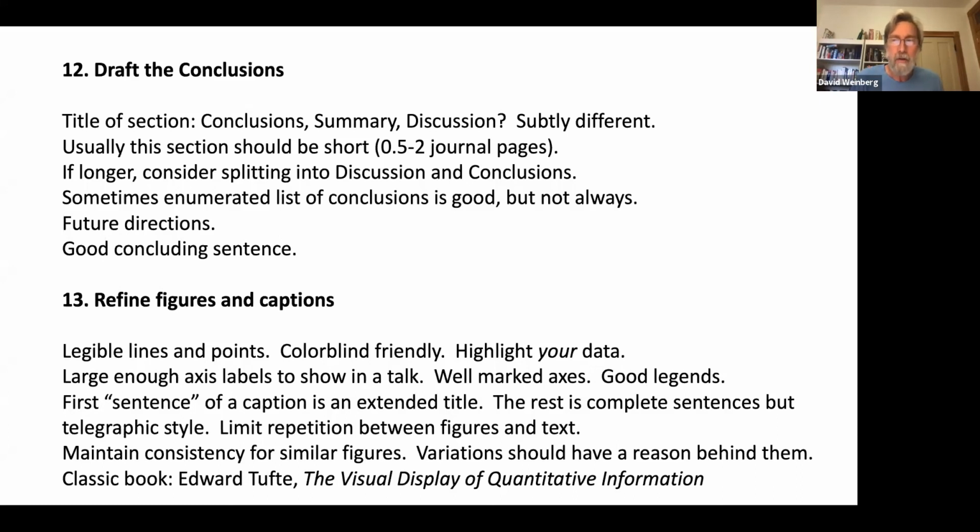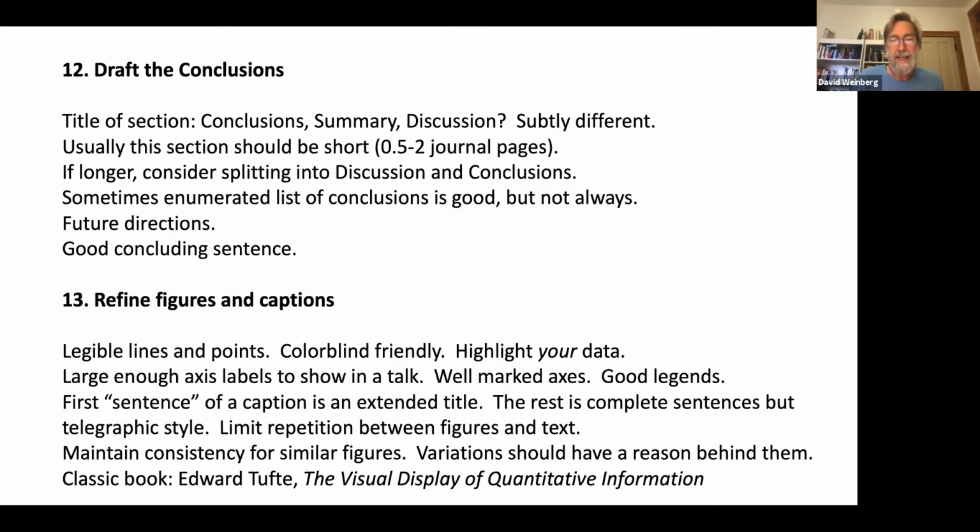When you give talks, you will frequently go to your paper and extract the figure from the paper. Therefore, you want your axis labels to be big enough that you can show the figure in a talk and you don't have to add new axis labels just so someone can see it on a slide. So pay attention to your axis labels, to your legends, to things being readable. Think about things that will be useful in talks as well as in the paper.